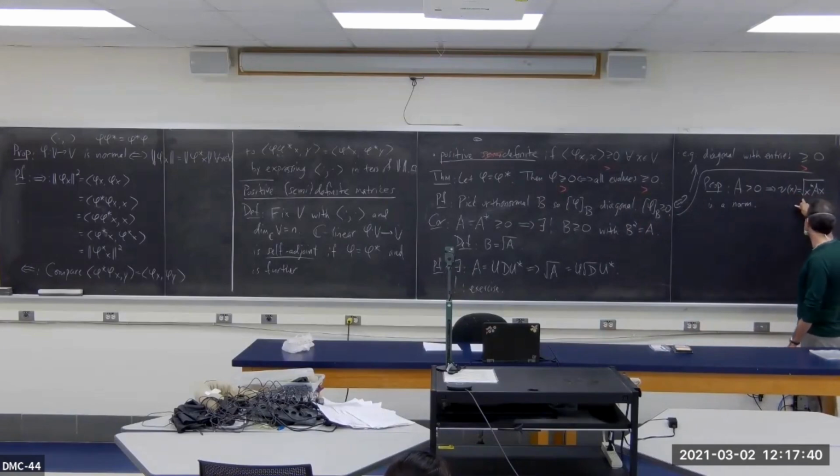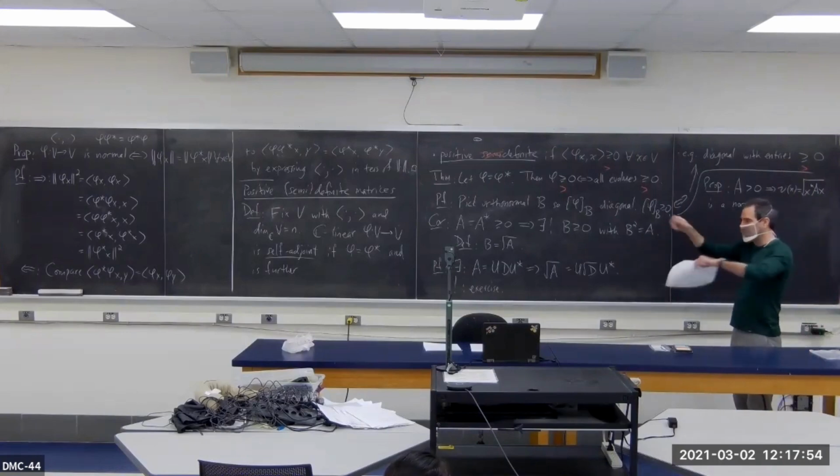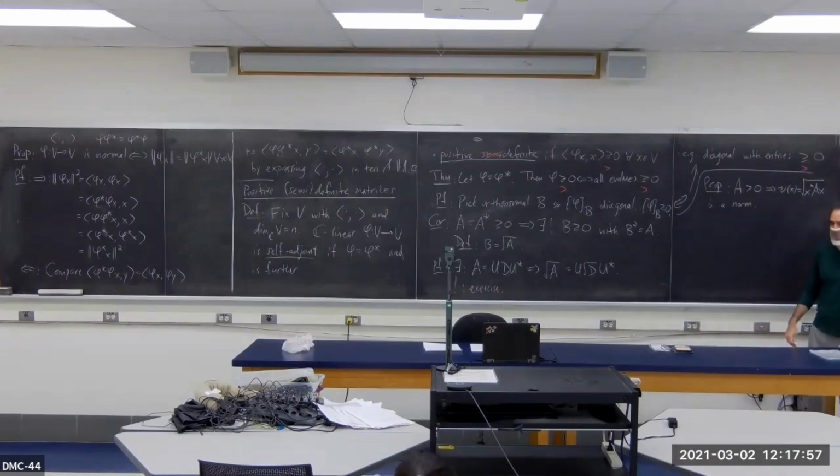So in the new basis, what you'd be doing is taking the sum of the squares of the entries of x, but weighted according to the diagonal entries. It's like a weighted norm. You're just stretching the various coordinates in that orthonormal basis by factors that come from these diagonal entries.